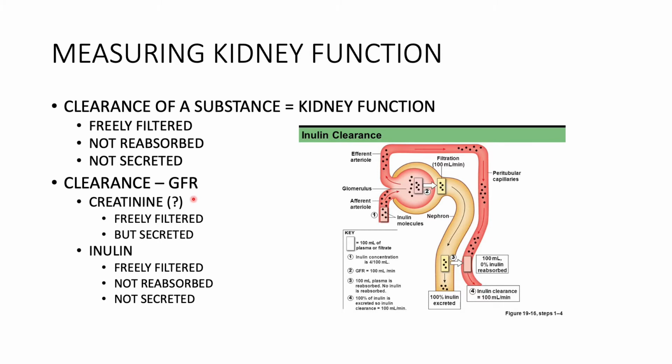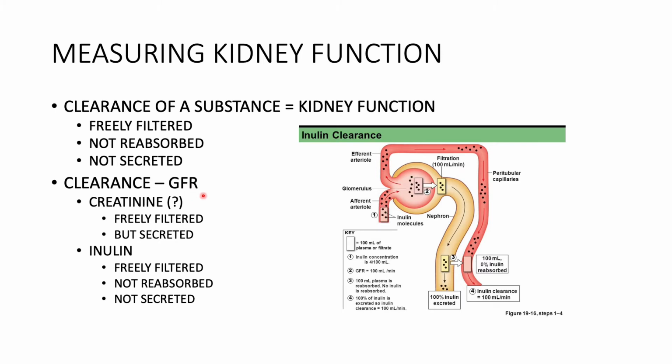Remember in the last slide, the 180 liters per day? Isn't it that 180 liters per day will not be excreted as urine, only 1%? Now, in this case, we want all of the substance to be excreted. Do you understand? So that clearance will be equal to glomerular filtration rate.